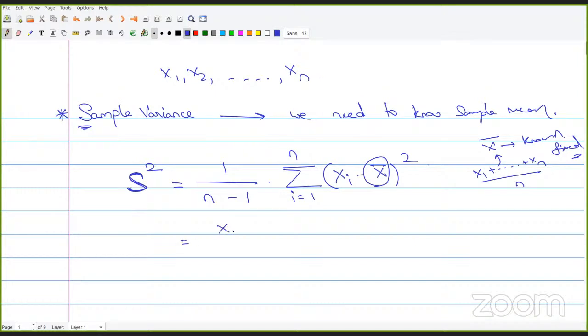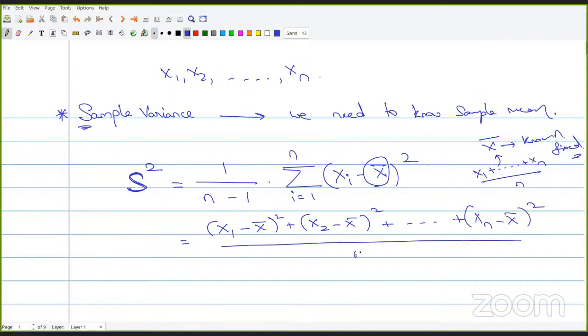Now you see, (x1 minus x bar) whole square plus (x2 minus x bar) whole square and so on, plus (xn minus x bar) whole square, divided by n minus 1. This is what it is.